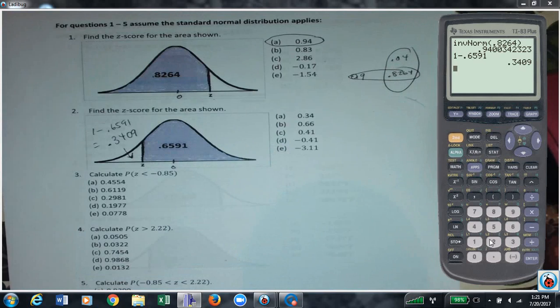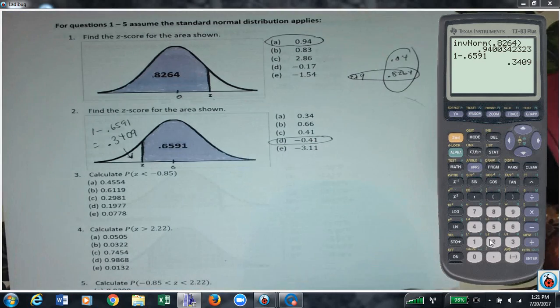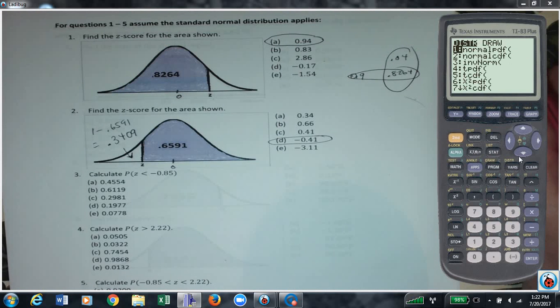So negative 0.41 is what we would have there. Or, again, I can use second vars, go down here to selection 3, but I must tell it left area. And I can see to 2 decimal places, I've got the correct answer, D.